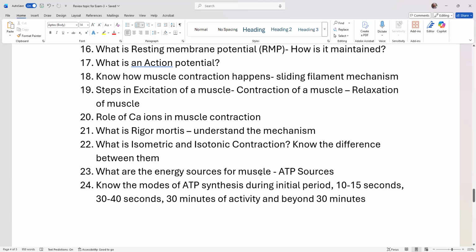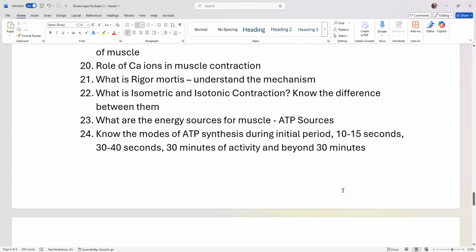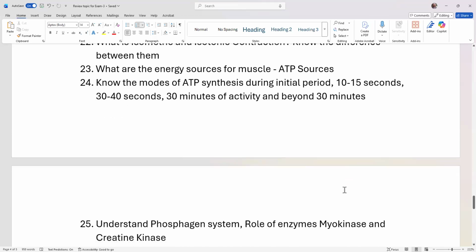What are the energy sources for muscle, which is the ATP, but the ATP synthesis, which happens during exercise, during the initial period, within 10 to 15 seconds, 30 to 40 seconds, after 30 minutes and beyond 30 minutes, they all are different.